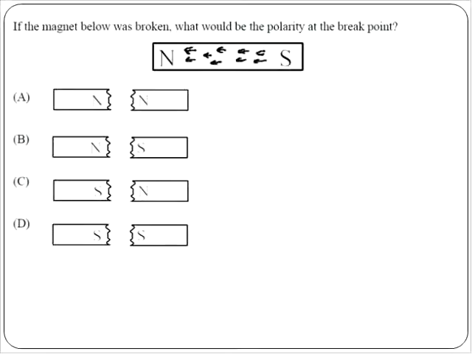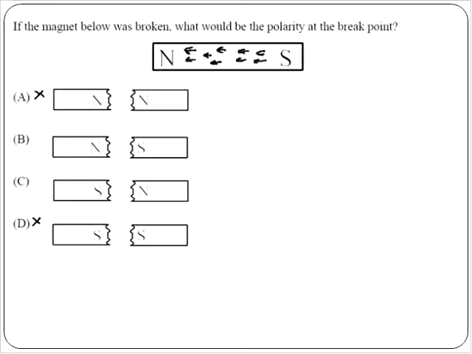Like that. So when I break that magnet in half, they're still going to point in the same direction. We still have to have a north on the left and a south on the right. Well, obviously it can't be A because I got two norths next to each other. That never happens. Not when you break a magnet. And D, the same thing. Two souths, not going to happen.